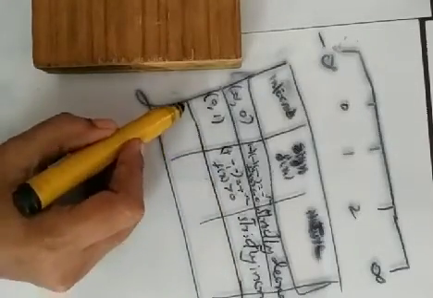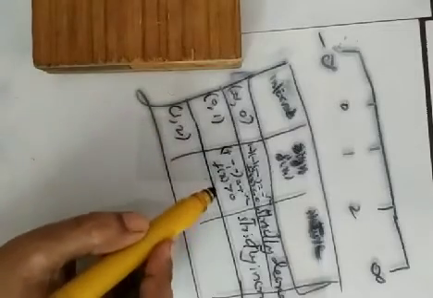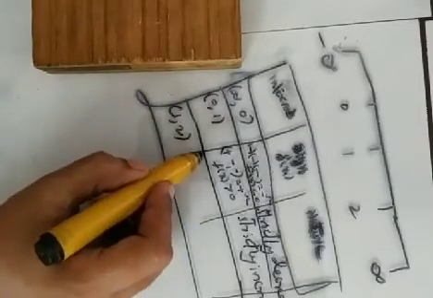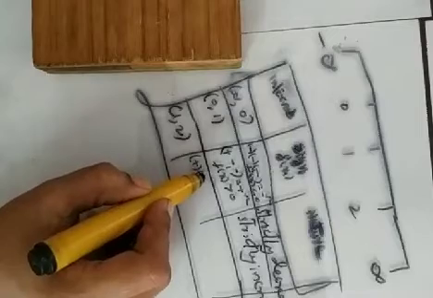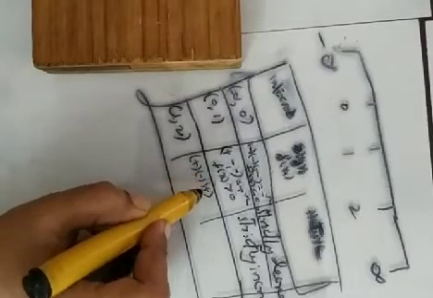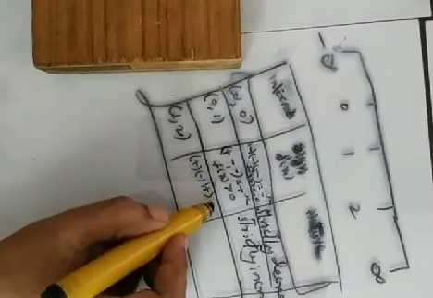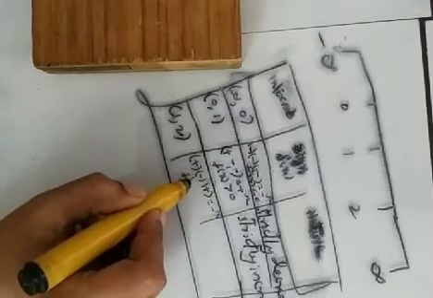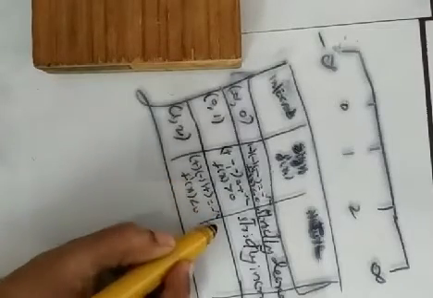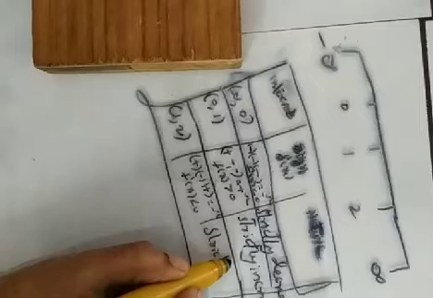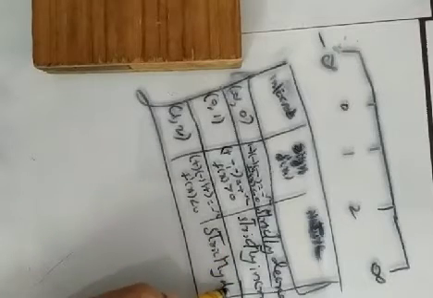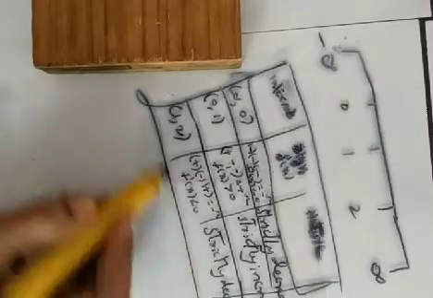Next, 1, 2. In between 1 and 2, if you give the number, it becomes positive, negative, positive. So which will be negative. If it is negative means f dash of x is less than 0, which is strictly decreasing function.